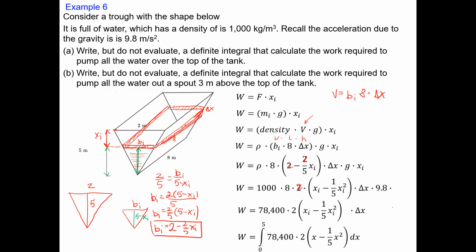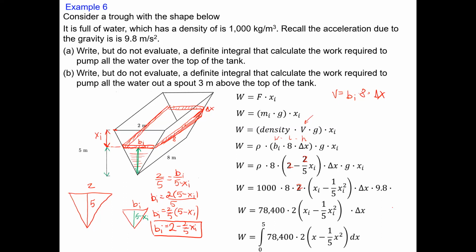Okay, that's part A. Now, part B, we have to do the same, right? But do not evaluate a definite integral that calculates the work required to pump all water out of a spout 3 meters above the top of the tank. That's what will be the difference.